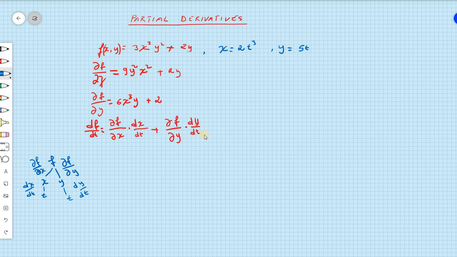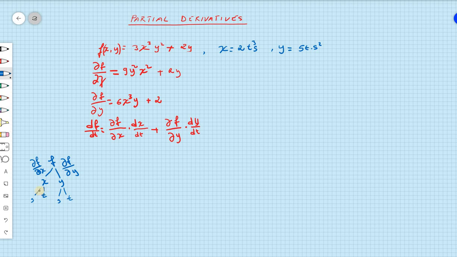Now what if your x and y depended on some other function like s, for example? That means here you have, say, erase this. That means here you have two variables, s and t, right? And like I said, if you have two variables, that means go ahead and do partial, right?